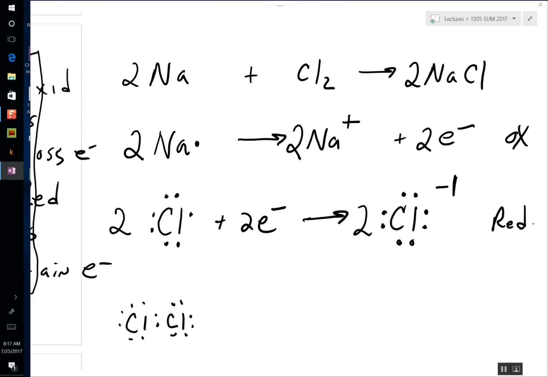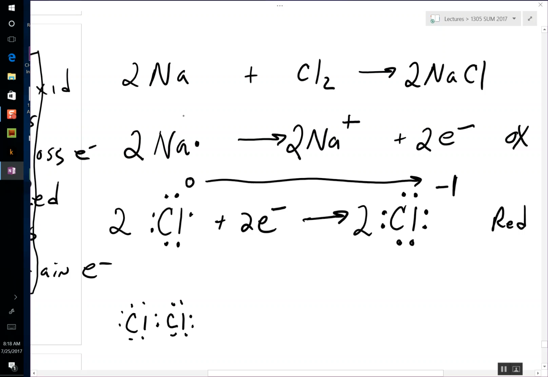It's got an equal number of protons and electrons in the chlorine atom, no charge. It gains an electron and becomes negative. It goes from 0, no charge, down to a -1. It reduces in its oxidation number. So this is kind of where reduction gets its name. Its overall charge is decreasing, reducing.